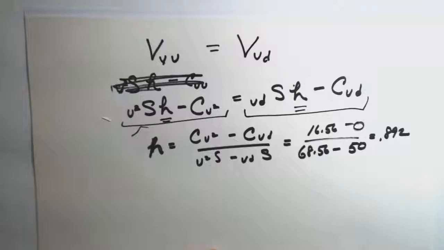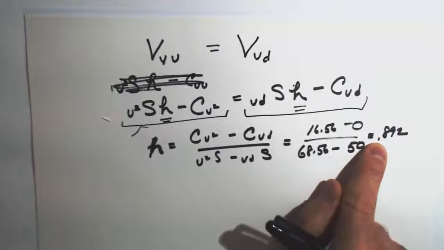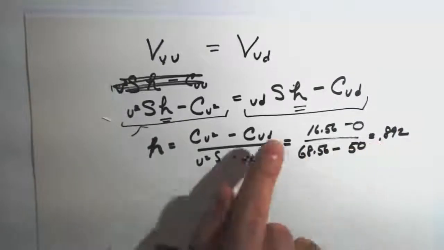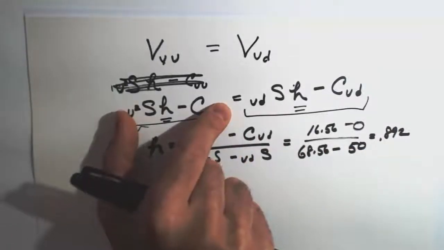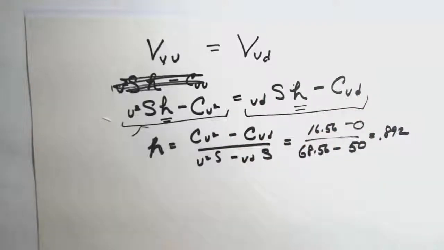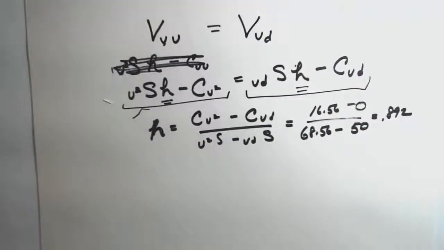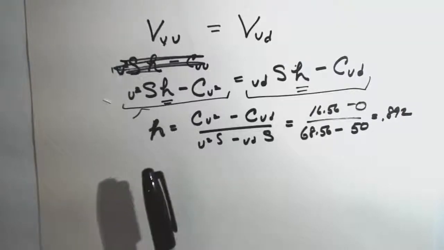So let's continue now. What I'm saying is if we have just under 1 share of stock, then the value of the portfolio going up will equal the value of the portfolio going down, or up and then down. Okay. Now let's go another step further and form a riskless portfolio.